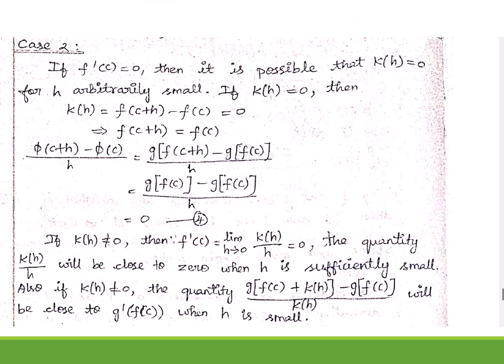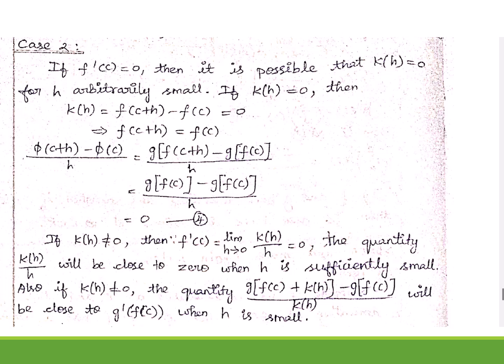Then case 2: if f'(c) equals 0, then it is possible that k(h) equals 0, where h is arbitrary. If k(h) is equal to 0, then k(h) equals f(c plus h) minus f(c) equals 0.